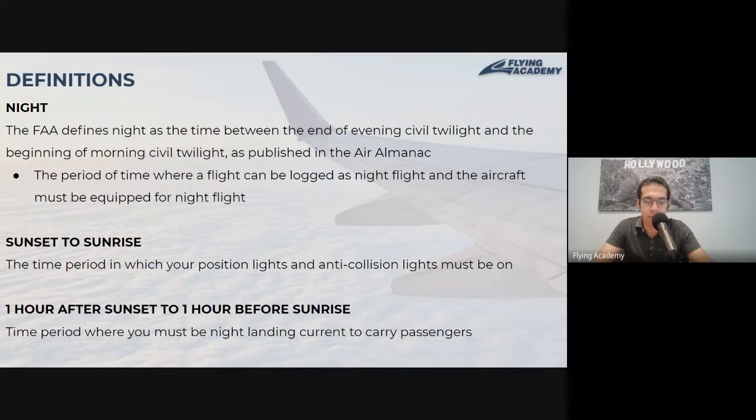I'll repeat it one more time. Night is the end of evening civil twilight to the beginning of morning civil twilight. To carry passengers at night, you need to perform 3 takeoffs and landings 1 hour after sunset and 1 hour before sunrise to make sure it's completely dark.